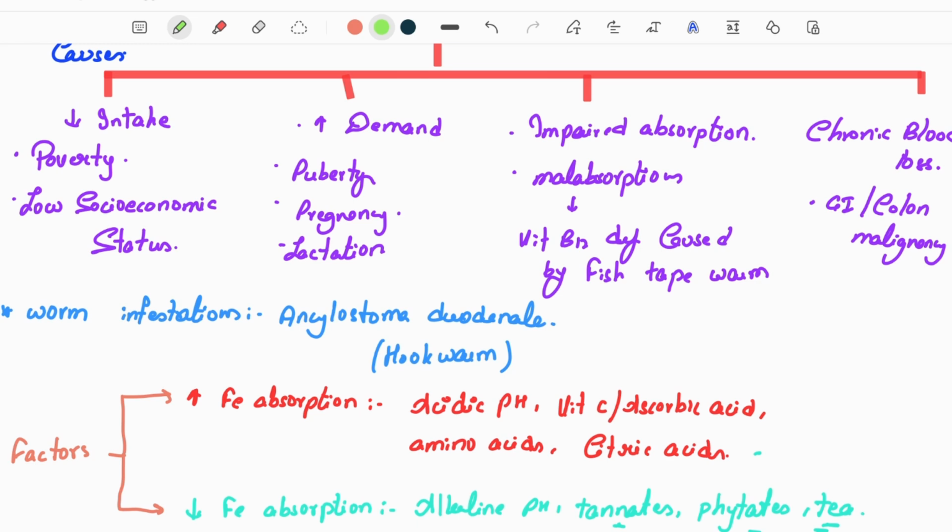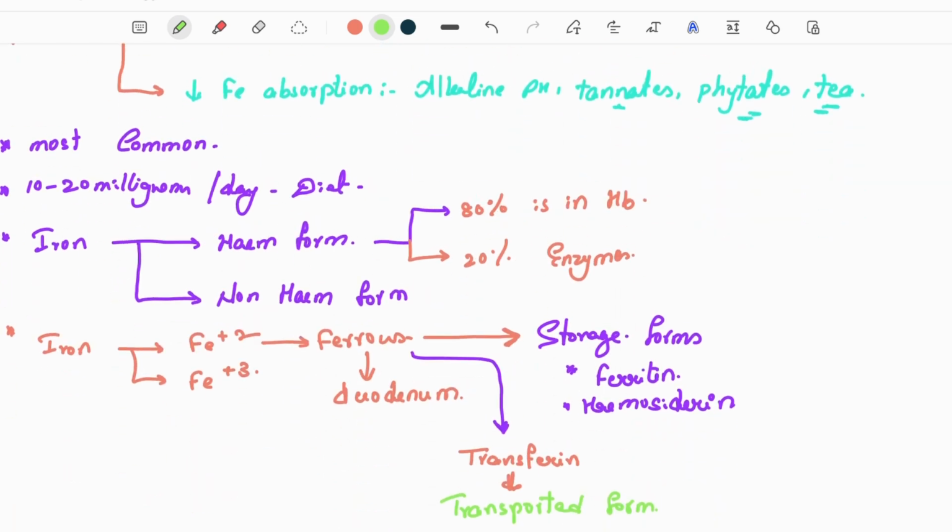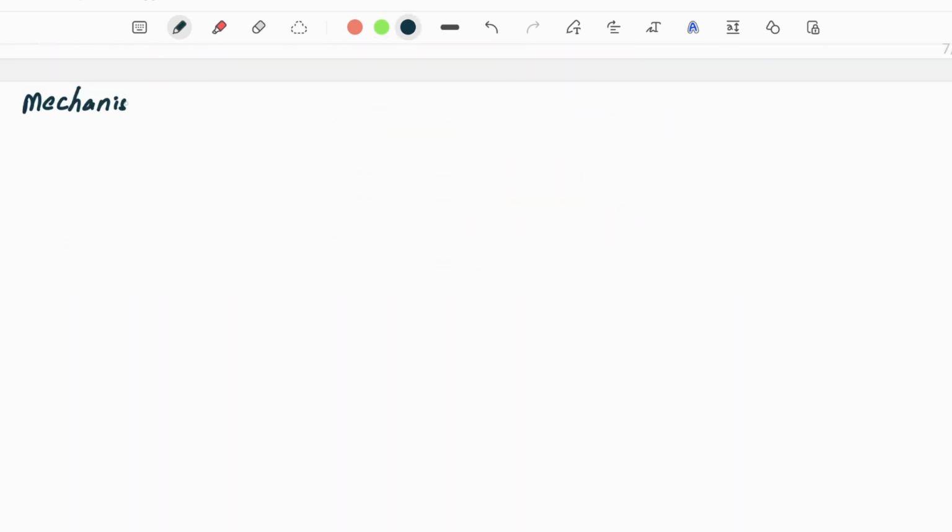So up to now, we discussed some of the causes of iron deficiency anemia and some of the important points that one should remember. Okay, so let's go deep into this by learning the mechanism of iron absorption.